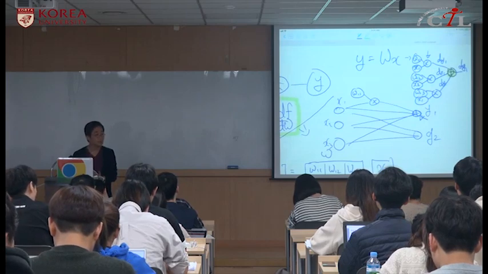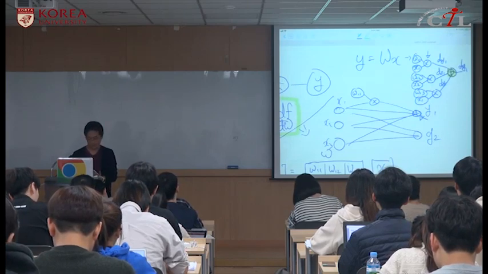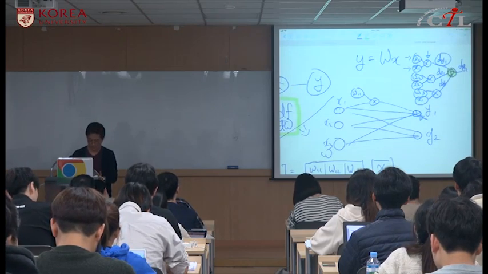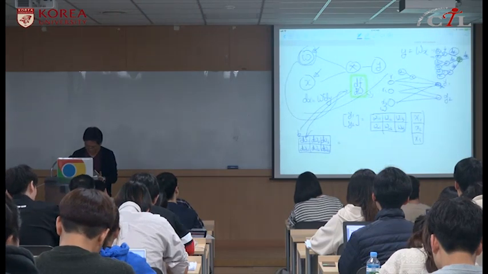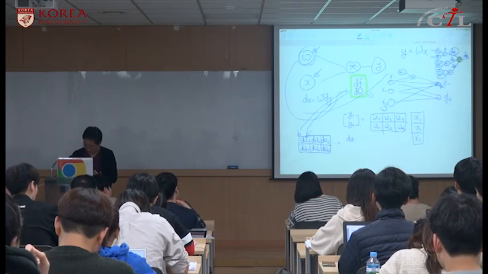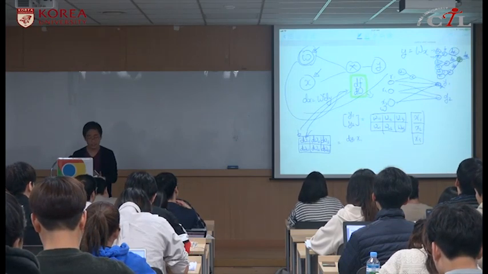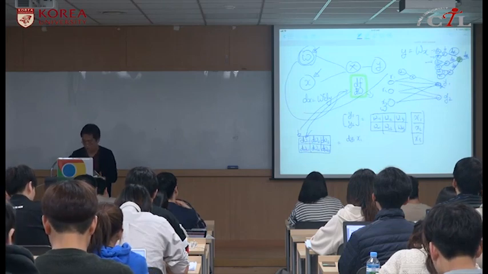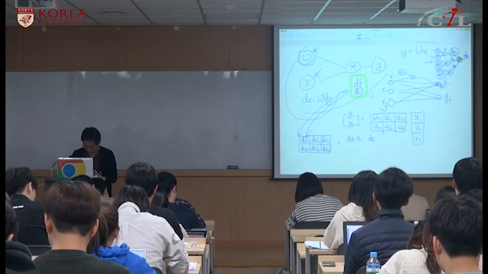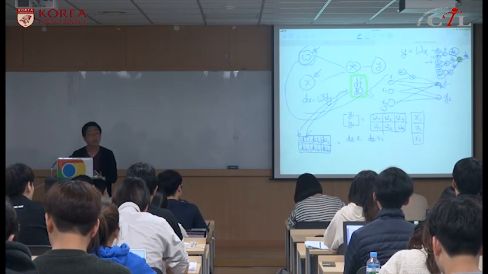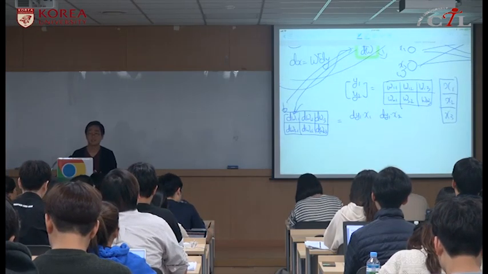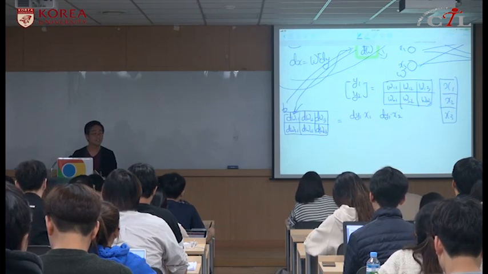We want the gradient with respect to W11, so we have to multiply this with X1. So this is dy1 times X1. And what about the gradient with respect to W12? It is obtained similarly. So far so good, right?